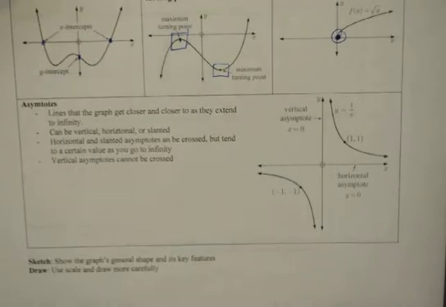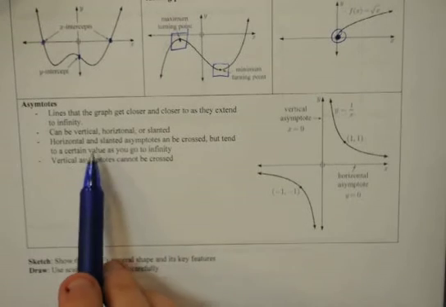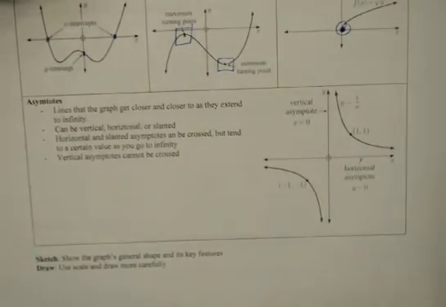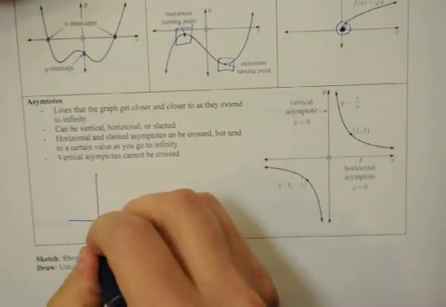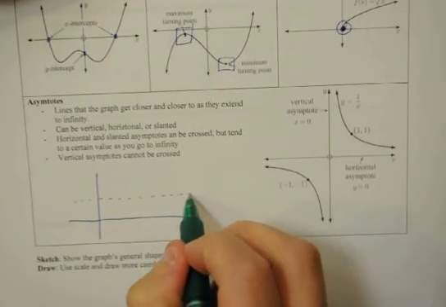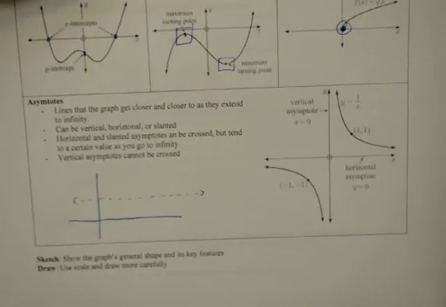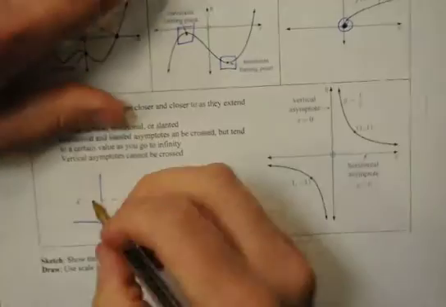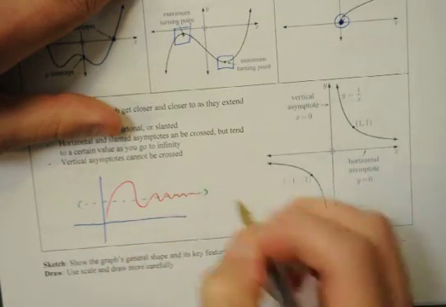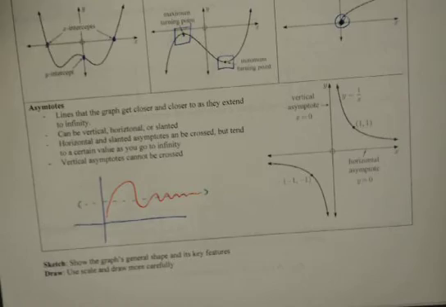If we were in AB Calc, we would do that. Horizontal and slanted asymptotes can be crossed, so you can cross an asymptote. You can have something that looks like this, where you have a graph. Let's say this is an asymptote. You can have the graph kind of go like this, and it will just kind of oscillate forever over that asymptote.